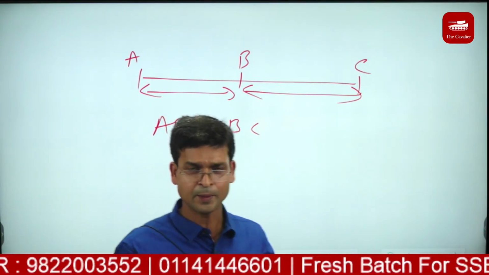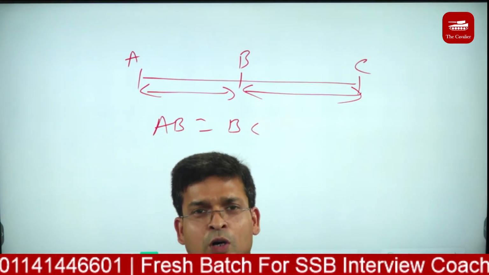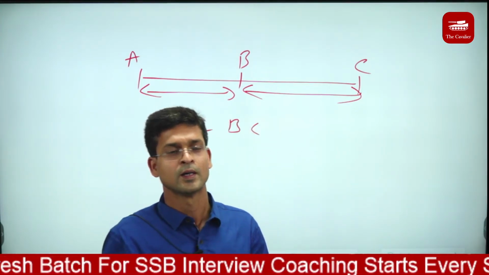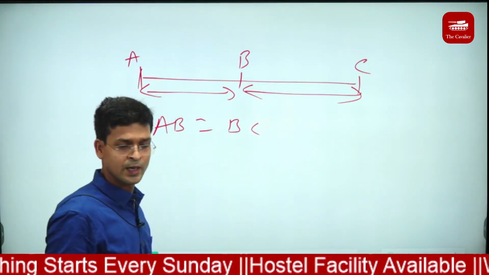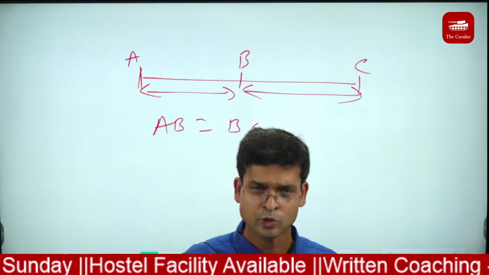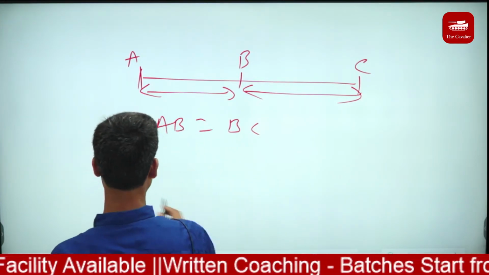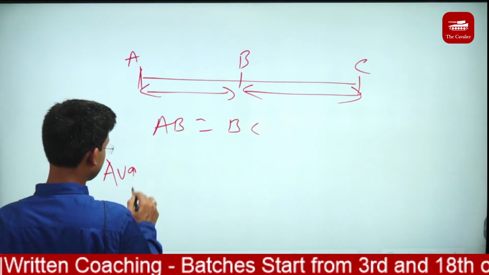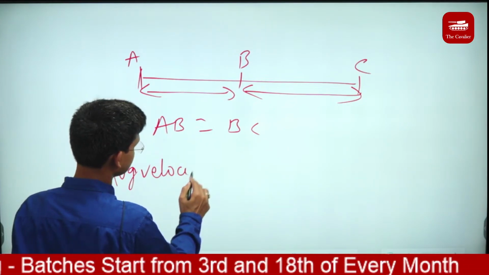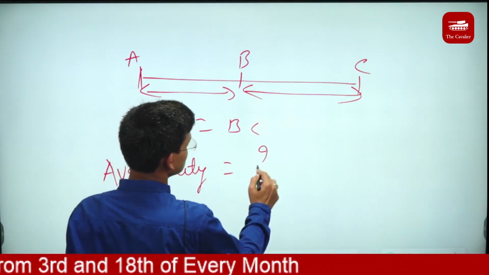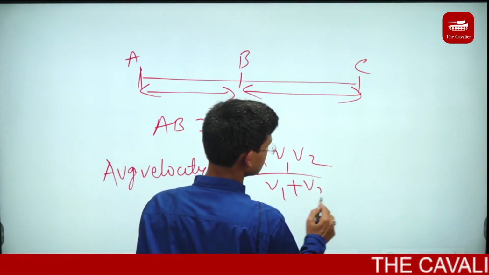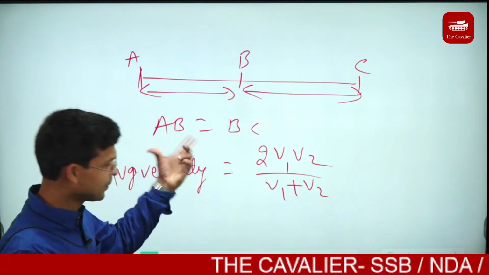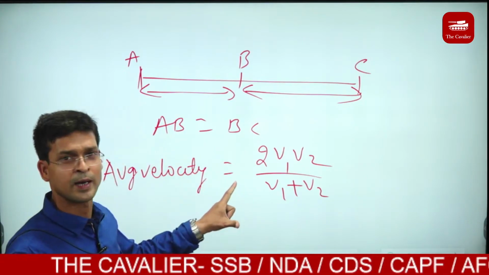ये क्वेश्चन में डाटा में दिया हुआ है AB और BC जो होगा वो इक्वल दिया हुआ है. आपको फाइंड करना है. We have to find its average velocity. For average velocity we have to apply the same technique. Average velocity is 2v1v2 upon v1 plus v2. If distance is equal, then you can easily apply this formula.